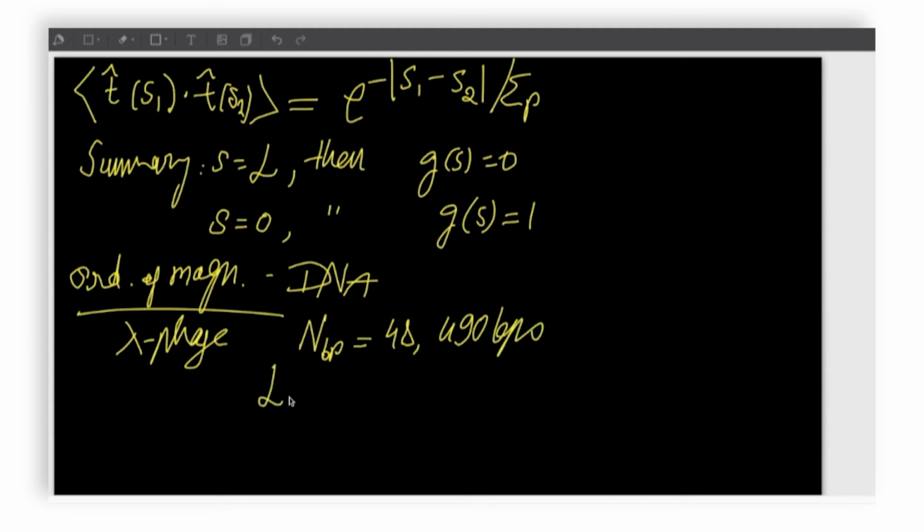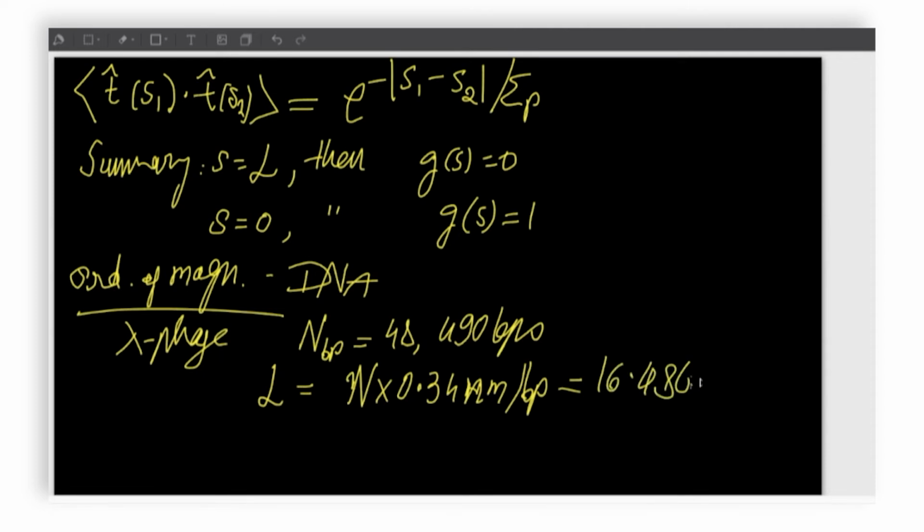The contour length is n, this number of base pairs, into 0.34 nanometers per base pair, which turns out to be 16.4866 micrometers. Yeah?